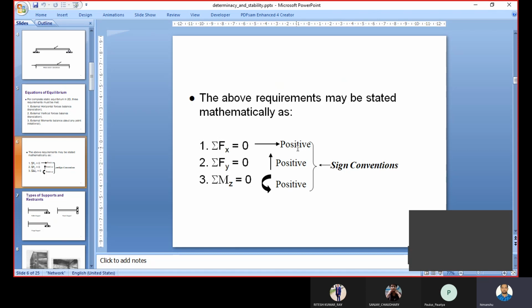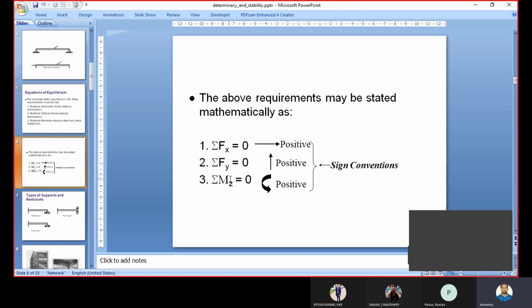We are considering all three directions, all three dimensions, but let me make it clear that summation Fx is all the forces in the x direction, and the summation of that will be 0; the summation of all the forces in the y direction will be 0; and the summation of all the moments about z will be 0, about z, not in z.